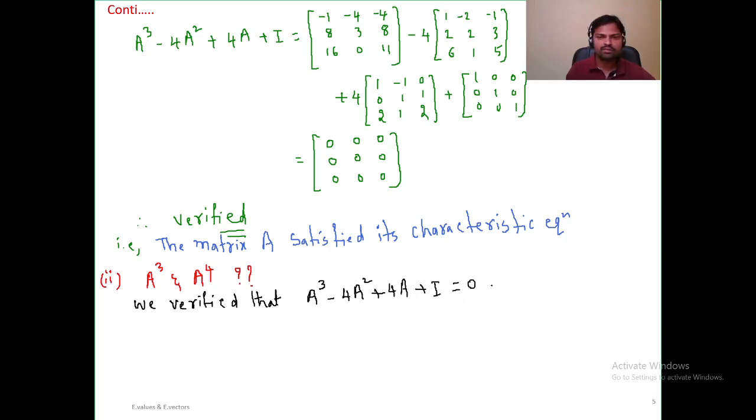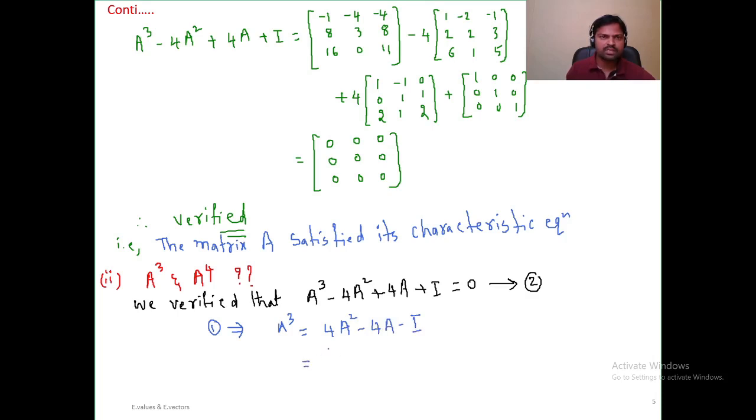So look at this one, assume it is equation number 2, already 1 is assumed. So from here, from equation 1, A cube you keep on the left hand side only, remaining terms you bring to the right hand side. So 4 times A square minus 4 times A minus I, that's it.